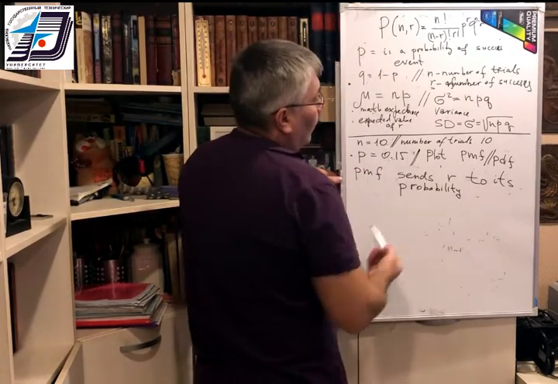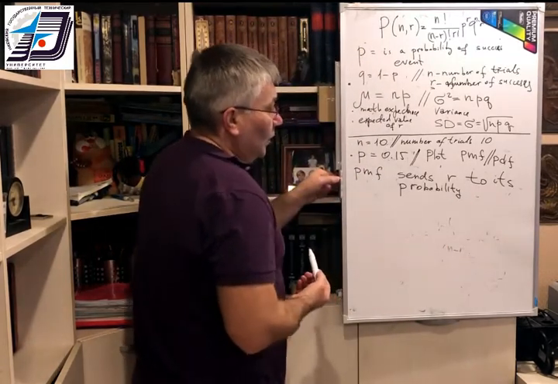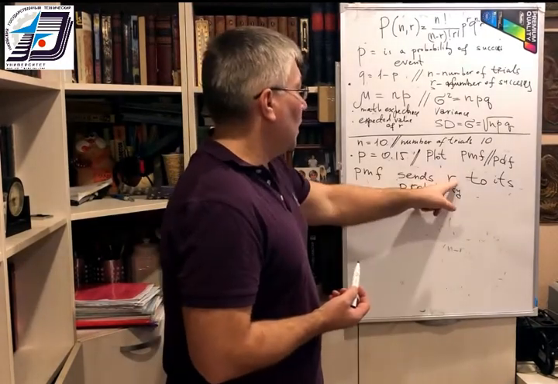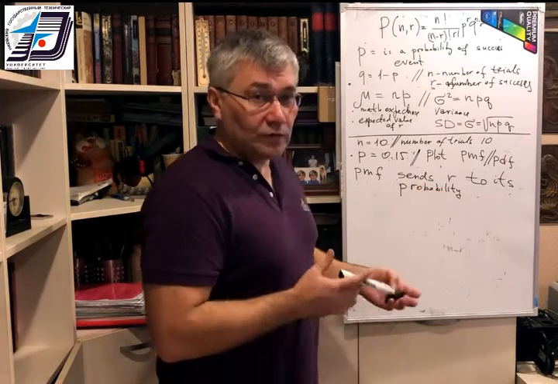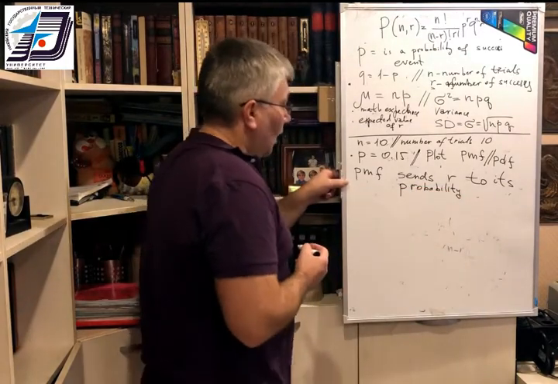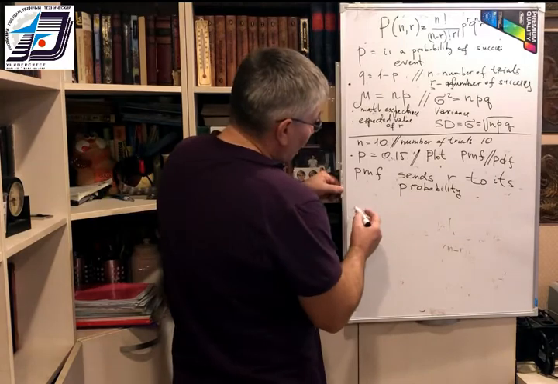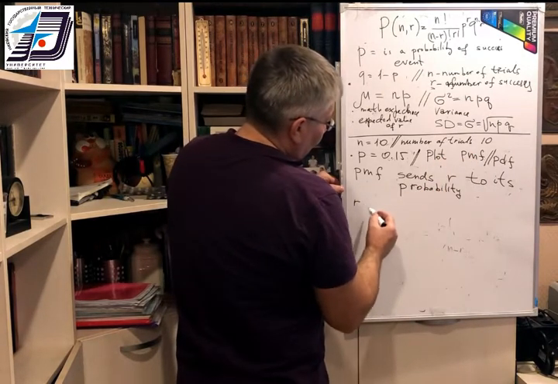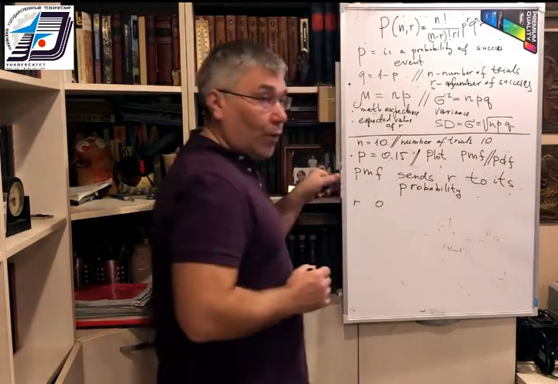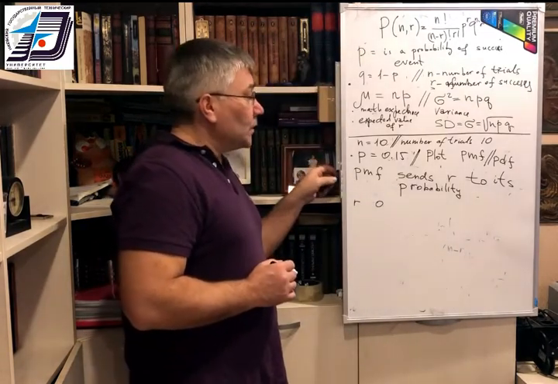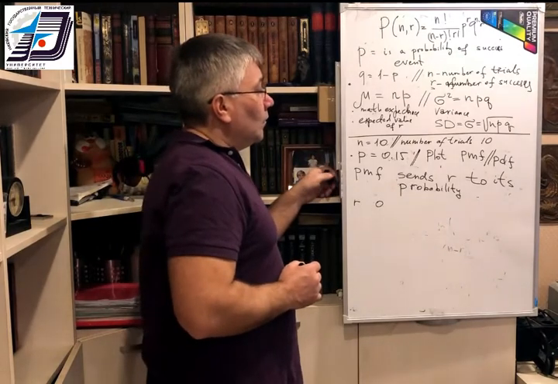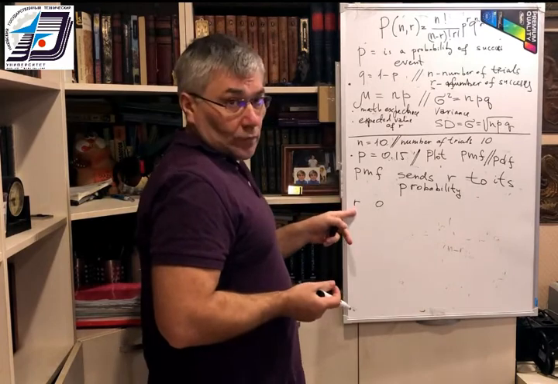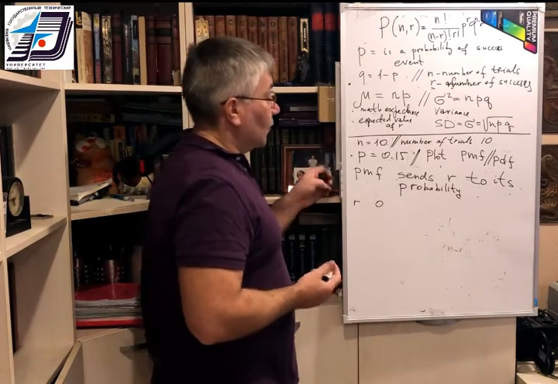To its value or probability. And now we have to define R, the number of successes, and calculate the probability of these numbers. If we have n trials, R can be 0, so none of the 10 trials gives a success, or head side, for example.